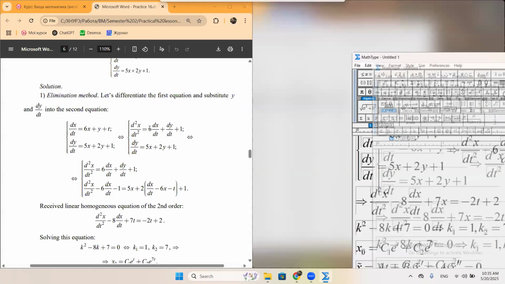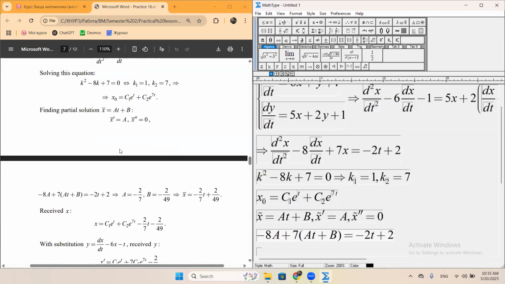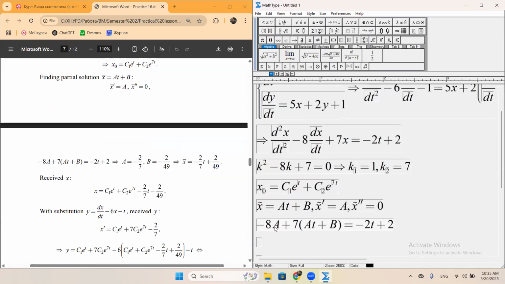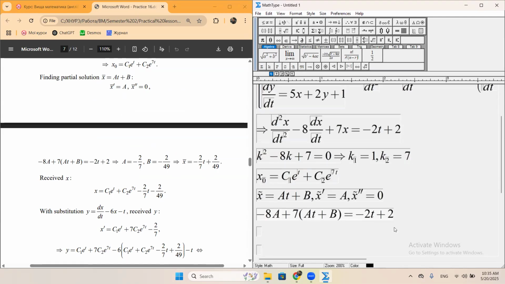Let me write it from my notes. Yes, substitution is correct. So we will receive that x partial will be equal minus 2 over 7 t minus 2 over 49.